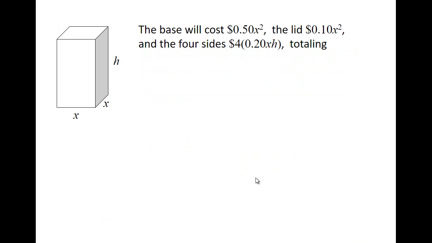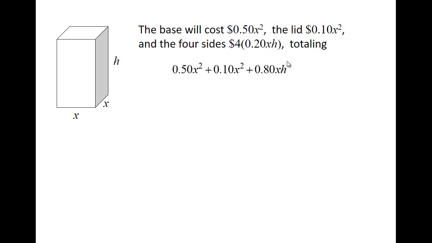Now, the base will cost, like I said, 0.5 times x squared. The lid will cost 0.1 times x squared, and the four sides will cost 0.2 times 4xh.